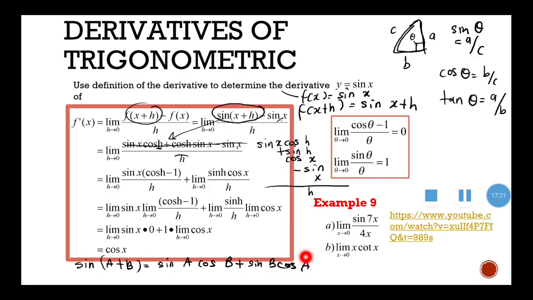Okay, so now we try to factor together everything that has sin x in it.